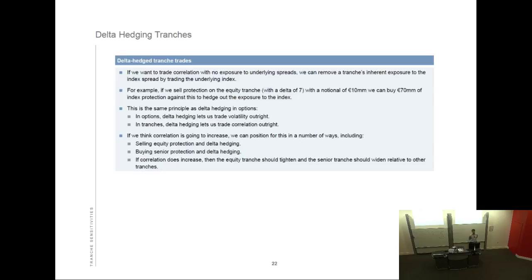You could also buy protection on the equity and sell protection on the index, because there the correlation exposure is just the other way around. So then if correlations fall, your equity protection becomes more valuable and you profit, and your index doesn't. I think the example described on the slide is the other way around, but that shouldn't matter.